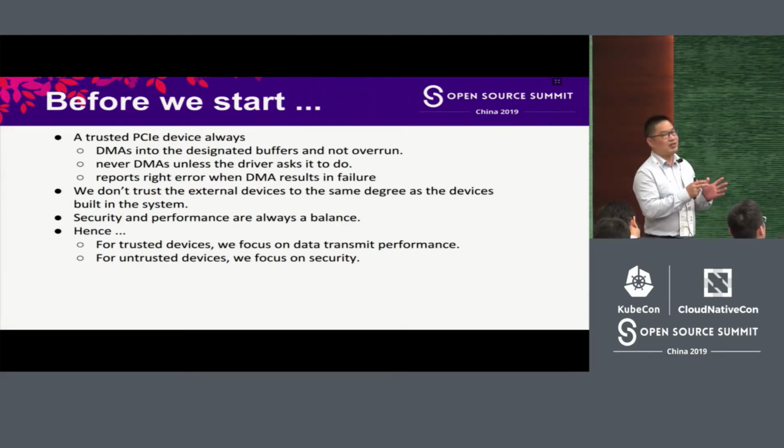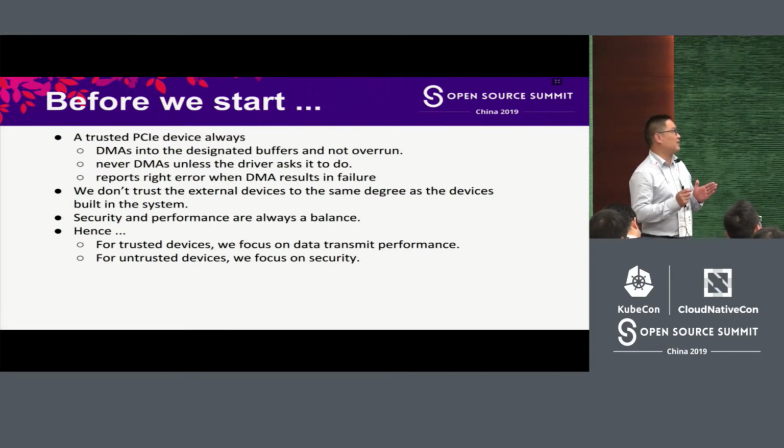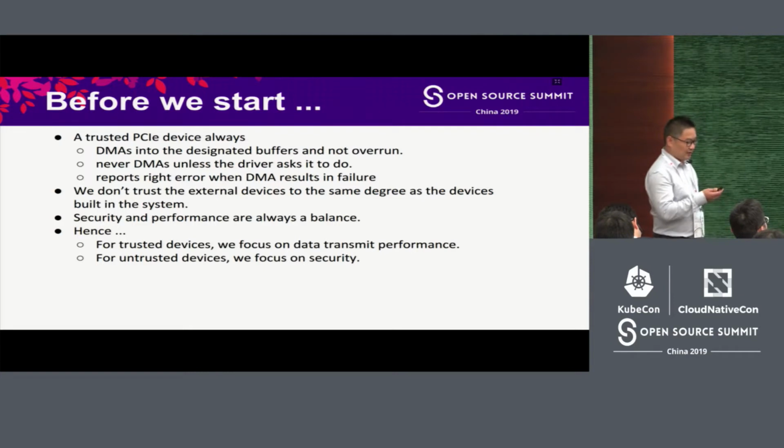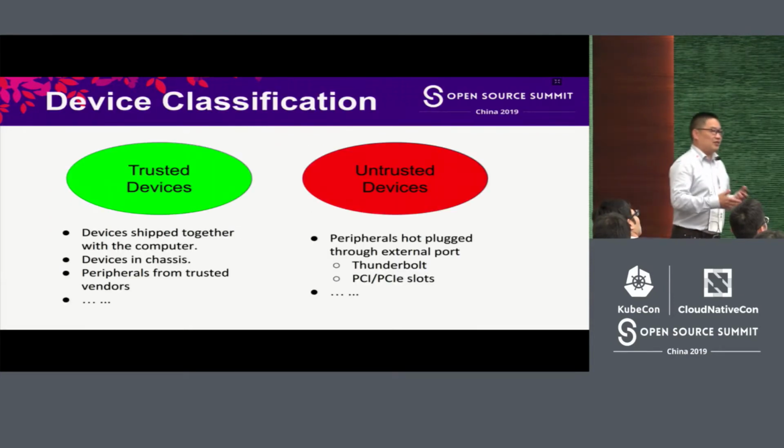Sometimes you have to sacrifice part of the security to improve performance, and sometimes vice versa. You have to be more secure at the expense of performance. So for the trustworthy device, we have to optimize the efficiency of data transmission, and for the untrustworthy device, we have to fend off any risks.